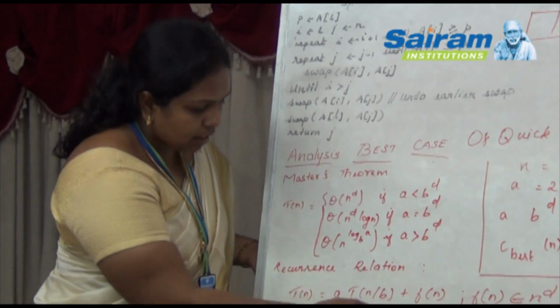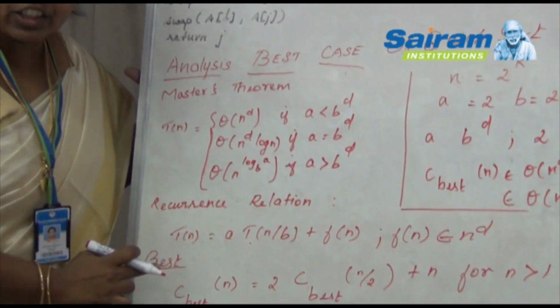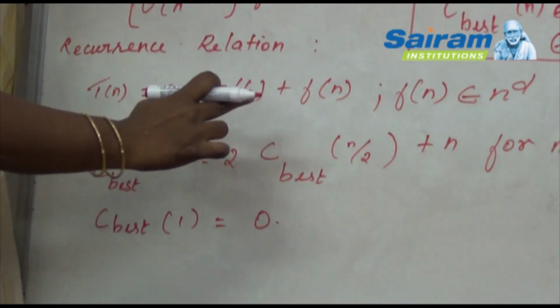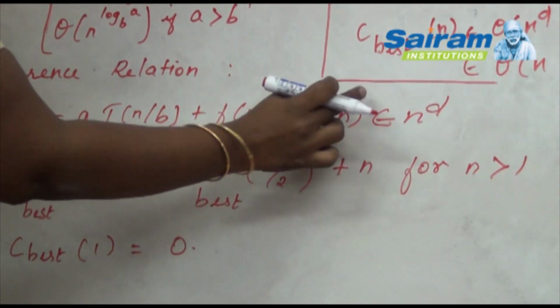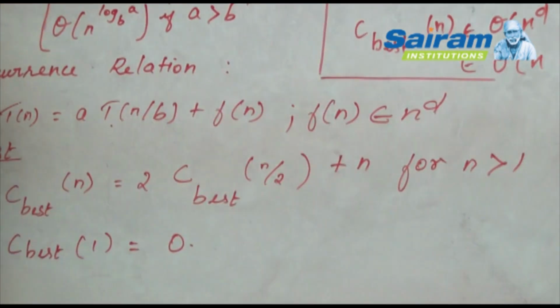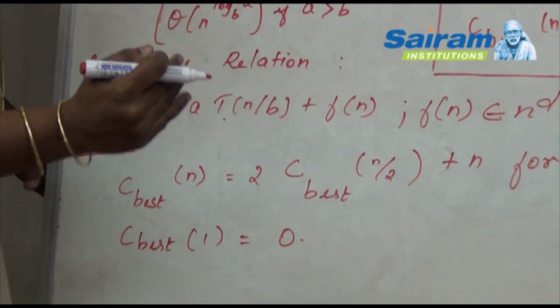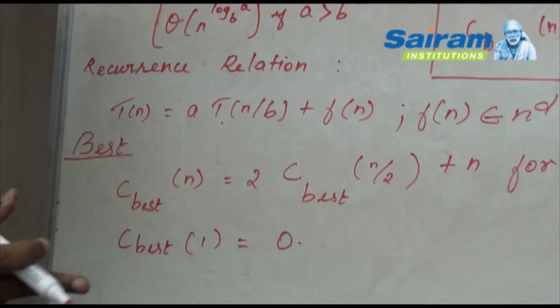Now let us see the recurrence relation. The recurrence relation for divide and conquer is T of n is equal to a into T of n by b plus f of n, where f of n is a function of n power d. In the best case, we have assumed that the array will be exactly divided into two halves.